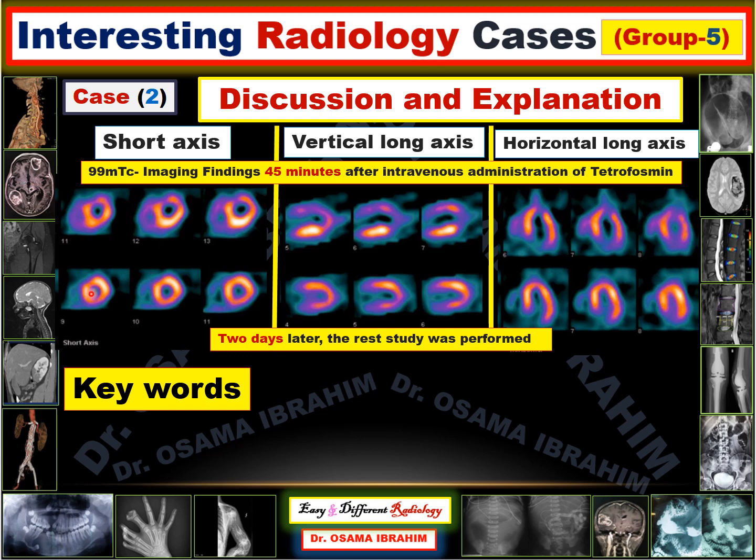After 2 days, in the rest image, this defect disappears, and now there is normal perfusion of all the myocardial walls. So there is normal perfusion in the rest, with a defect only in the stress image.